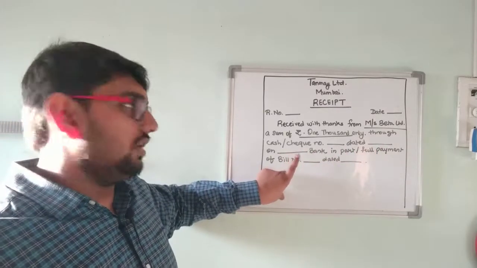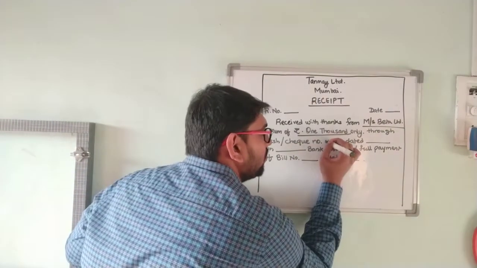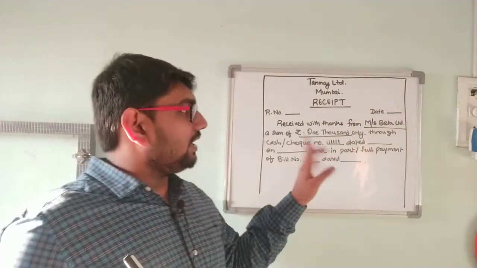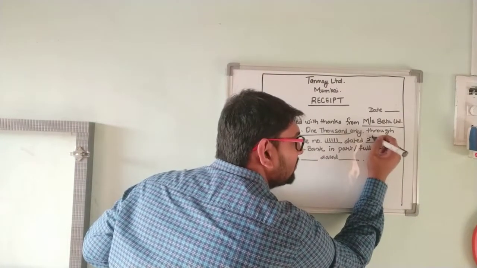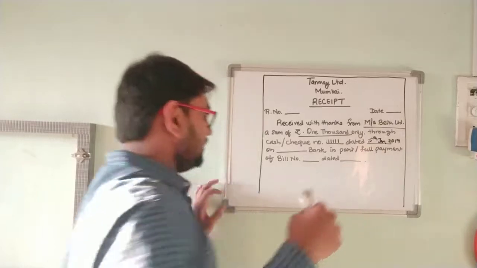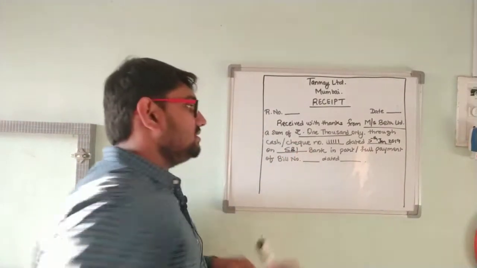For example, a check number is a 6-digit number. So I will take 1, 2, 3, 4, 5, 6, 111111. Dated some date, maybe 5th Jan 2019, on some bank. So let us take SBI for now, State Bank of India.